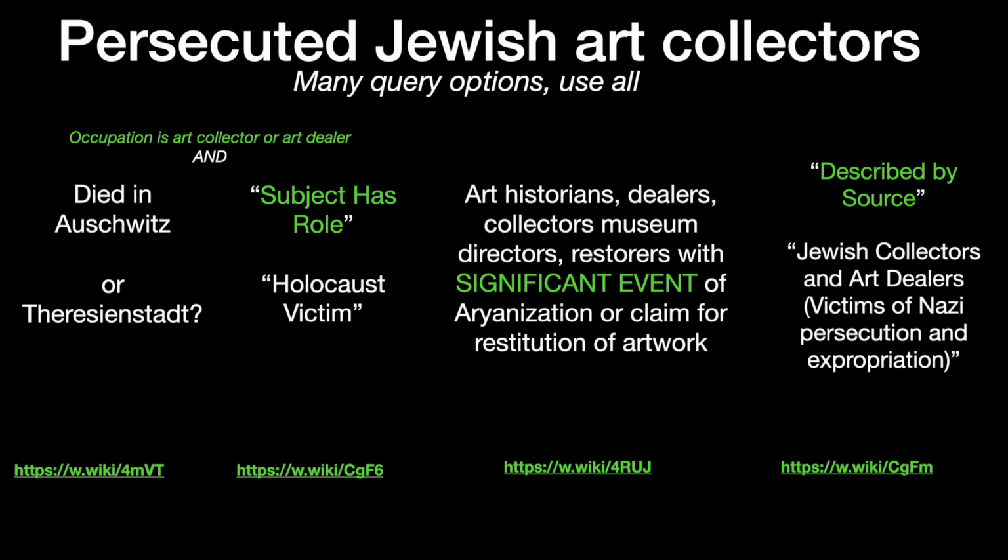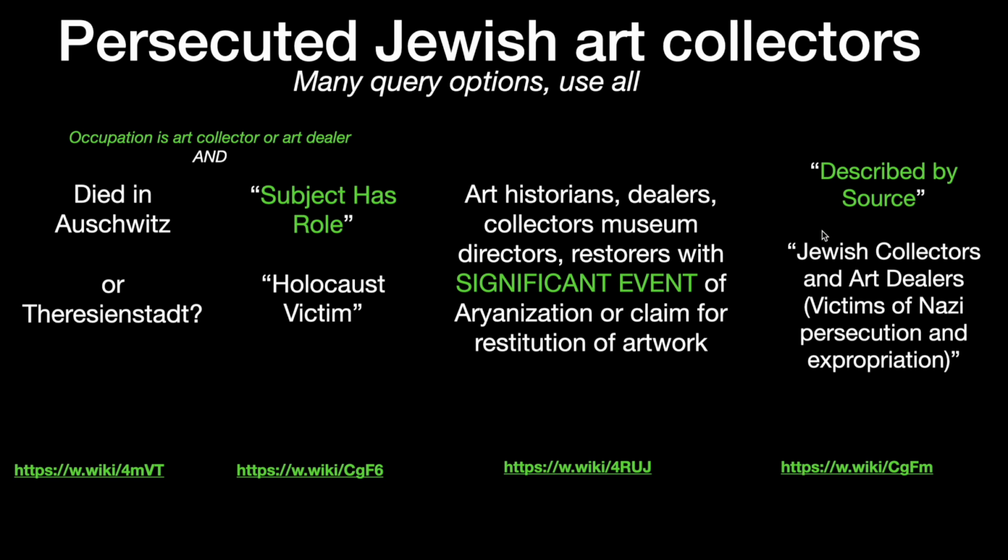One is to look at subjects has role, Holocaust victim. Another is professions, art dealers, collectors, museum directors, restorers, which are associated with a significant event of Aryanization or a claim for restitution of artwork.